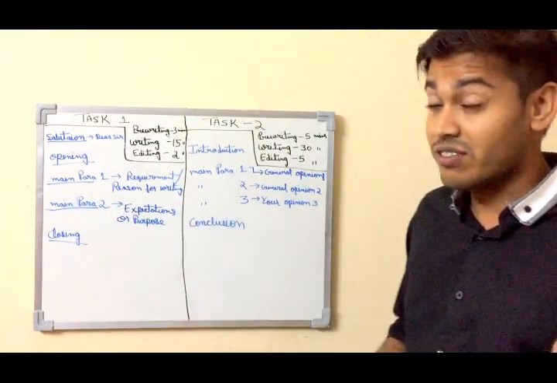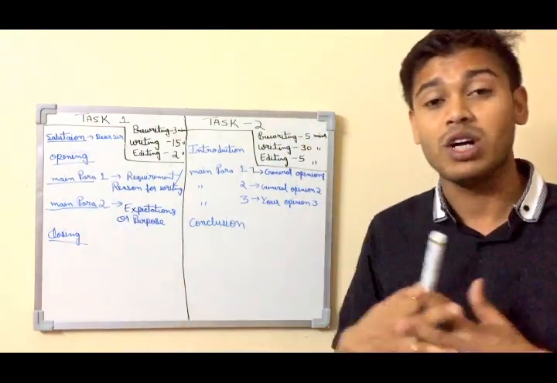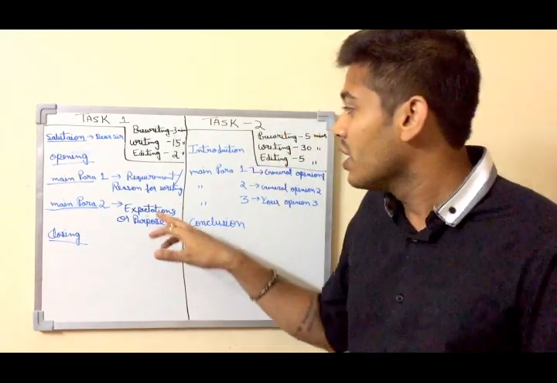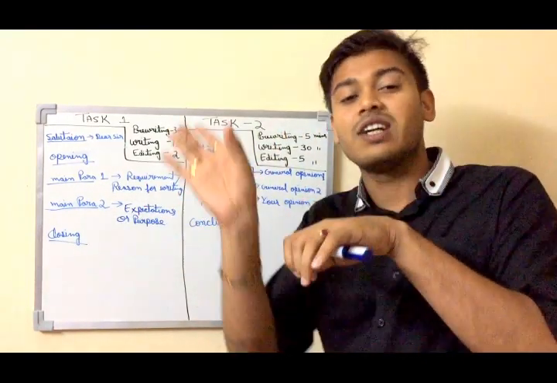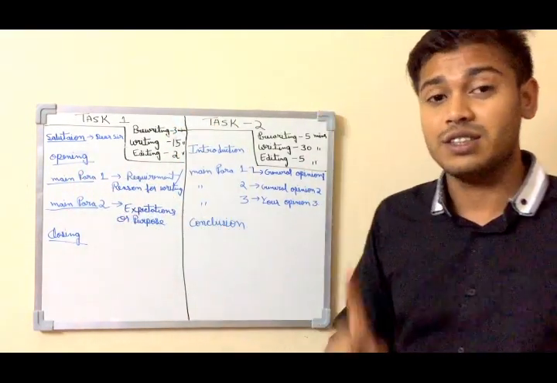In formal letters, as I have given examples, you can merge the opening and main para 1 into one, because for the opening you will have a line and you just put the reason for writing after that line. So you can merge opening and main para for formal letters.